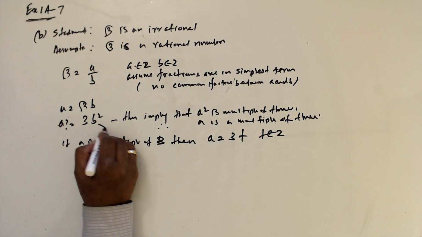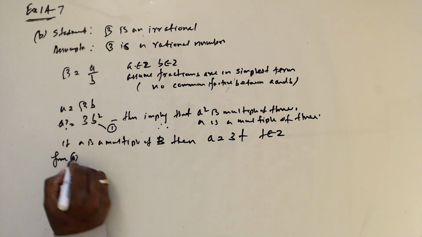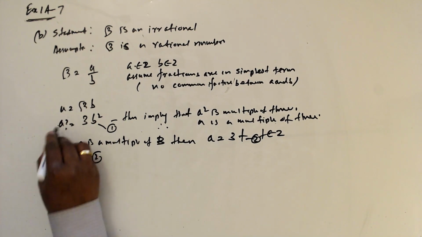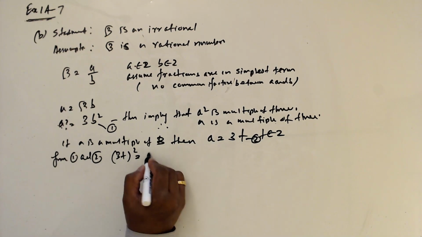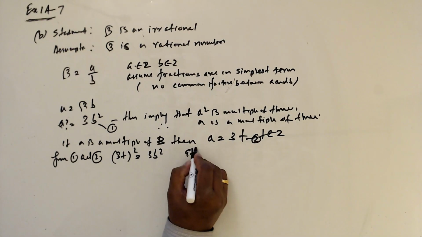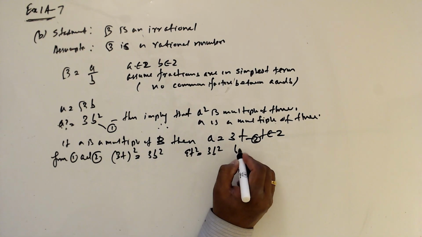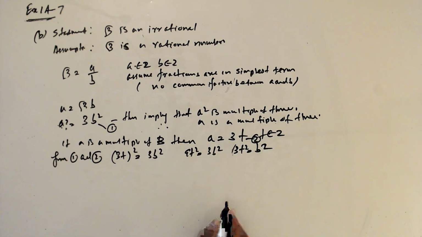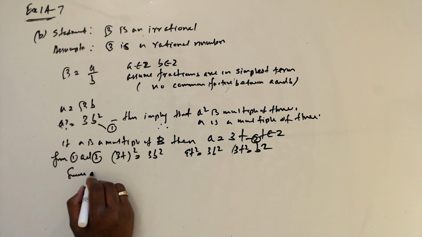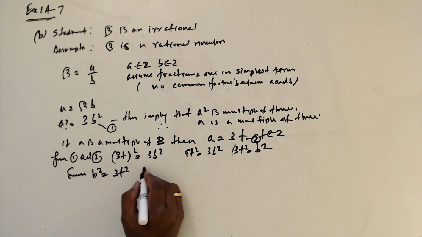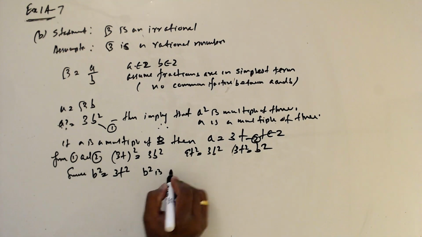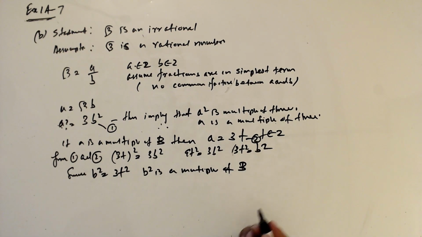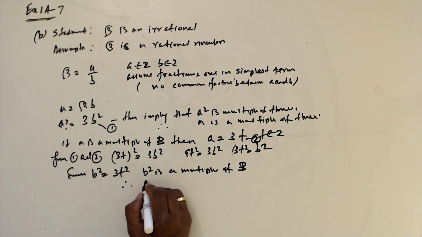I put it into a square equals 3b square: (3t) square equals 3b square, which is 9t square equals 3b square. Then this is 3t square equals b square. Since b square equals 3t square, b square is a multiple of 3.